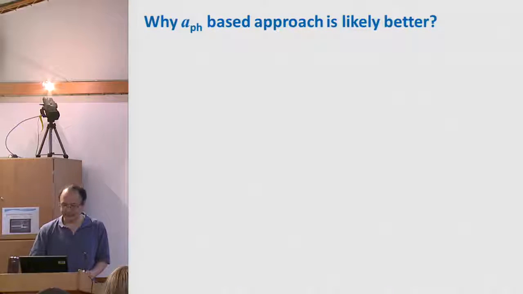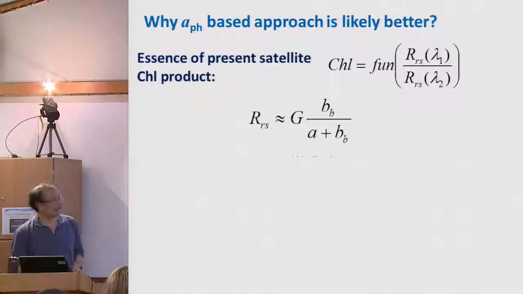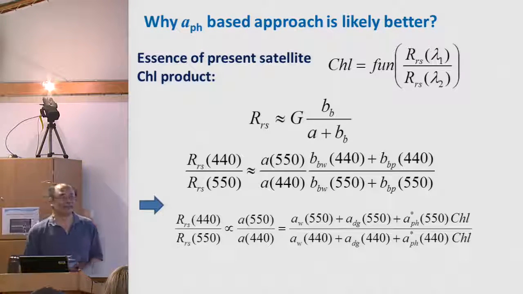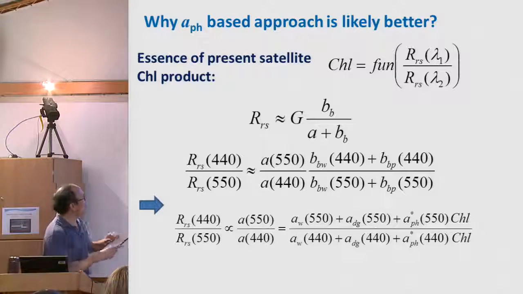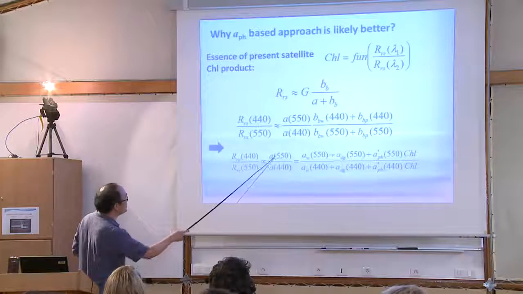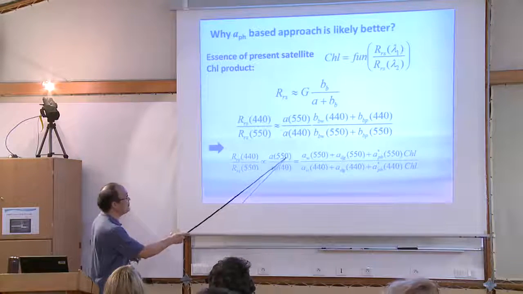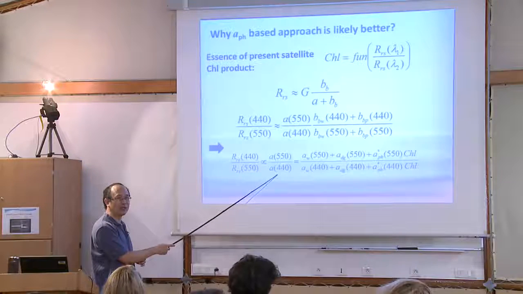Why? I talked about that already. The ratio of remote sensing reflectance at two bands really does not give chlorophyll. It's not chlorophyll. Practically it's a ratio, A550 divided by A440.